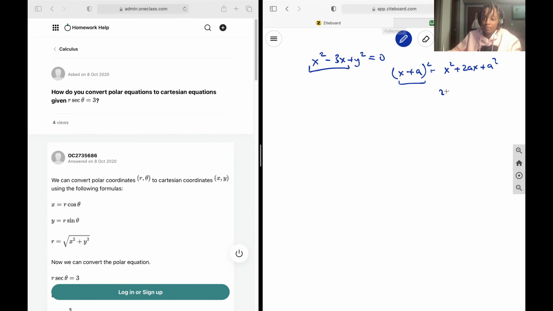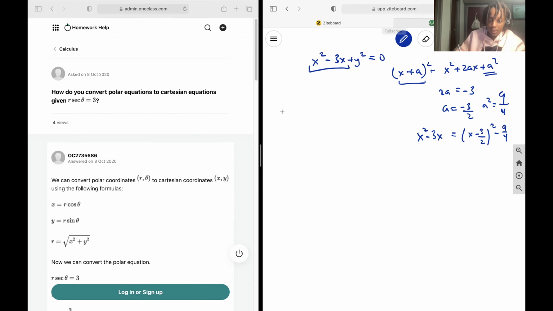And so you have 2a is equal to negative 3, a is equal to negative 3 over 2, a squared is equal to 9 over 4. So x squared minus 3x is the same thing as x minus 3 over 2 squared minus 9 over 4, because we want to take out that 9 over 4 that would be left over here.